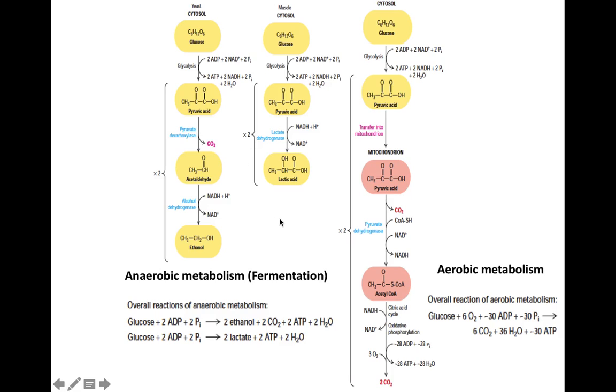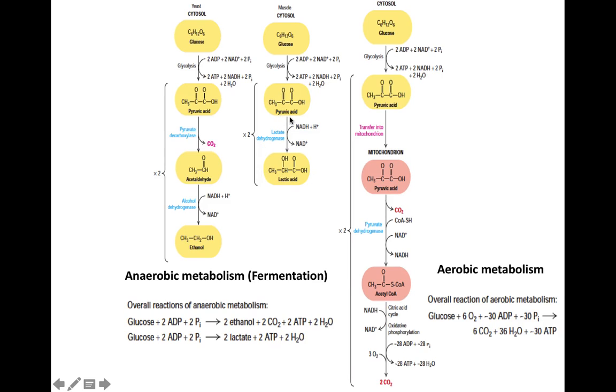So what happens inside your muscle cells when there's a deficiency of oxygen? Glycolysis does take place inside the cytosol, because this does not need any oxygen. So glucose is converted into pyruvic acid, and here, rather than pyruvate dehydrogenase, it's lactate dehydrogenase which converts pyruvic acid into lactic acid in the absence of oxygen, because oxygen is not available.